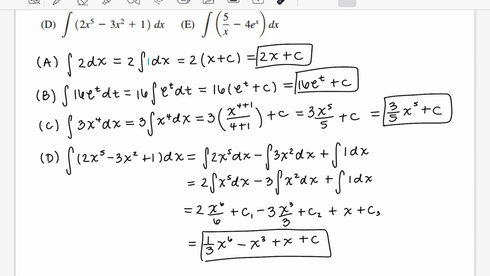The reason being is because we know that when we distribute this constant, we're just going to get a constant. So I'm only concerned with this constant multiplying this part of our answer when taking the integral. Here, for example, in part D, we don't have to have 2 being multiplied to everything that we get when we take this integral. We just have the 2 on the outside of this portion of it, because we know eventually we're just going to combine all of the constants into one big constant.